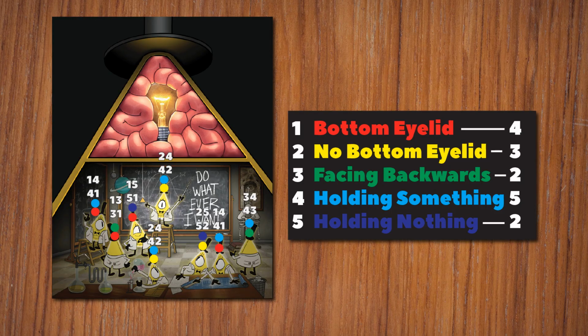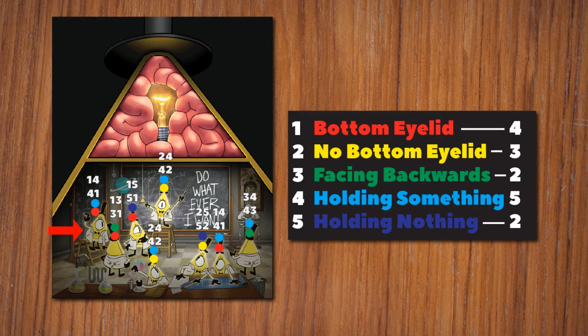So if we assign 2 of these to each one, for example, this one is holding something and he has a bottom eyelid. So we can use the numbers 1 for bottom eyelid and the number 4 for holding something.